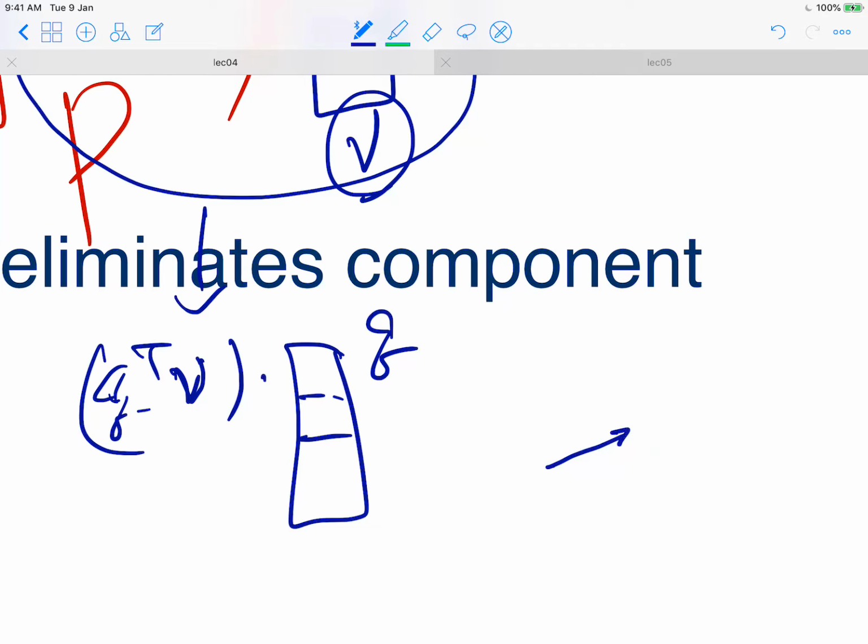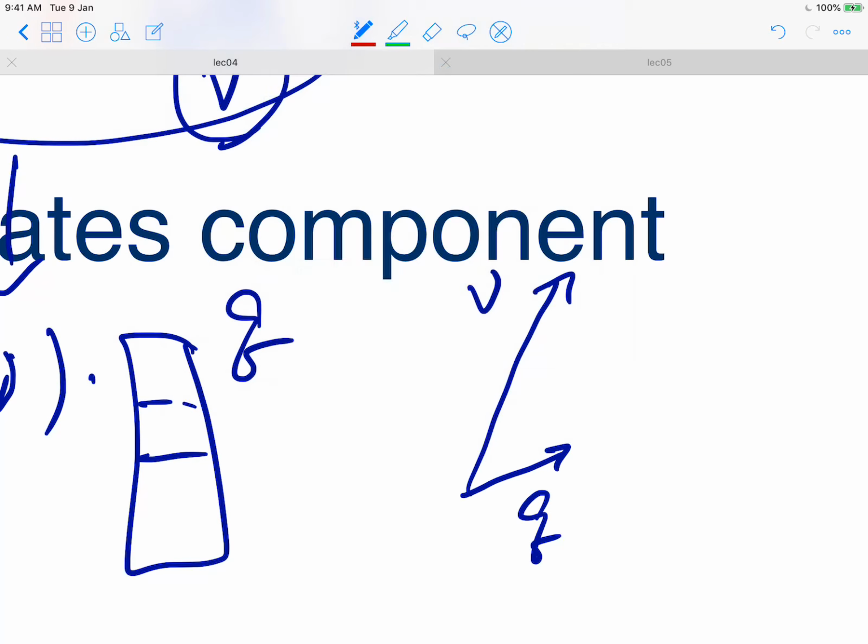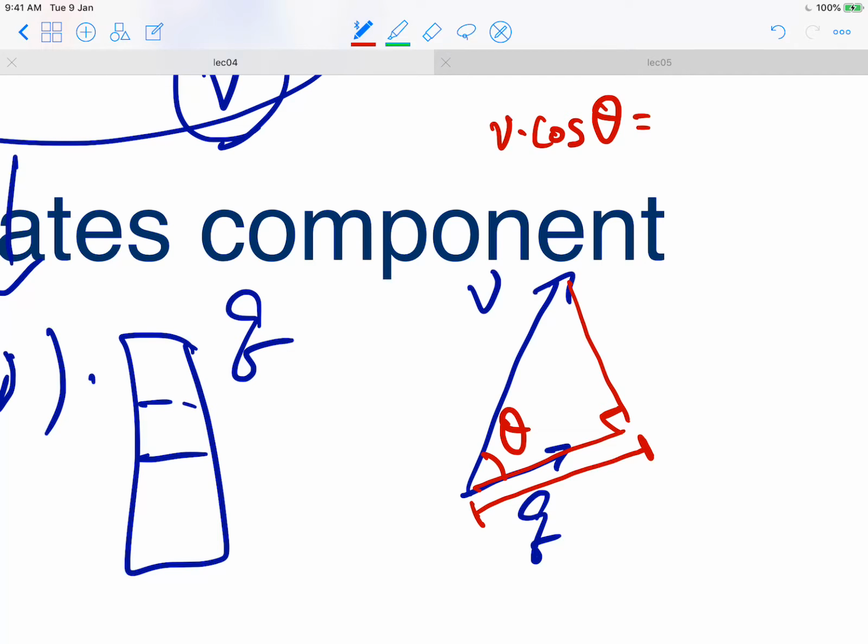So this can be understood as follows. We have this vector Q, and then maybe vector V, right? And once we form this triangle, what's the length of this line segment in our triangle? It is just V times cosine theta, right? Where theta is over here.